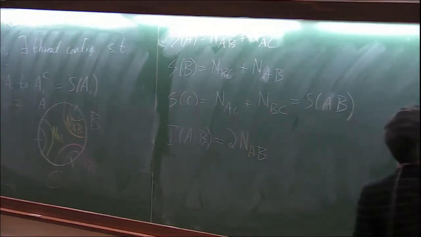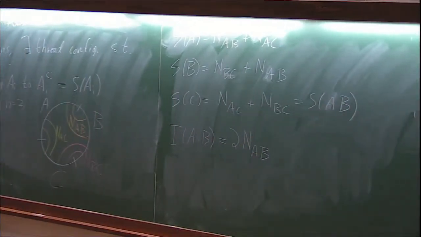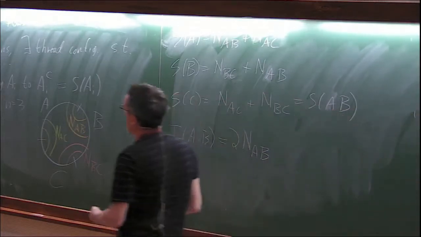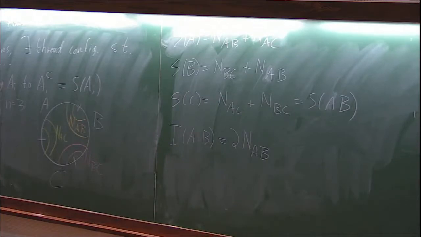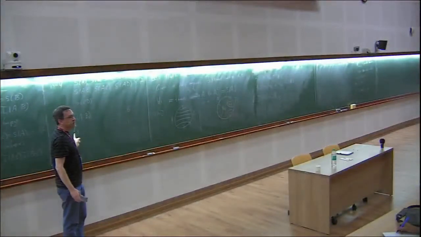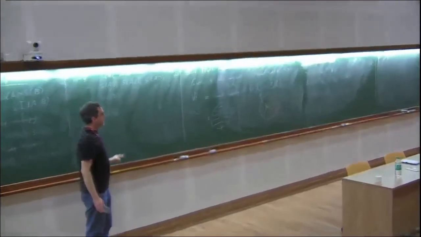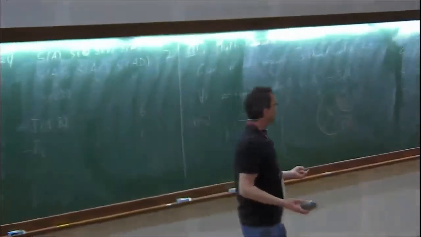It gets more interesting when we go to 4, because there's going to be a twist, because we already know that the mutual informations are not the full story. We already know there's only 6 of those, and there's a 7th number, which is minus I3. But what kind of thread configurations are we going to have?